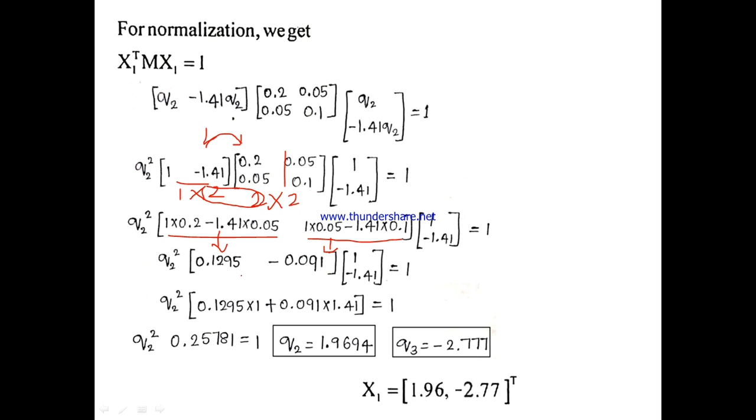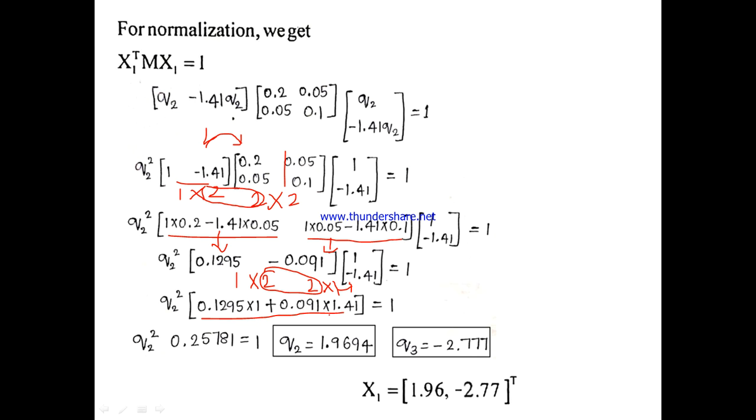Again when I multiply these two, this becomes 1 cross 2, and this becomes 2 cross 1. So now these two are the same. Finally I will get a 1 by 1 matrix, one single value. So here also the same thing, 0.295 into 1 plus 0.091 into 1.41, minus of minus becomes plus, is equal to 1.